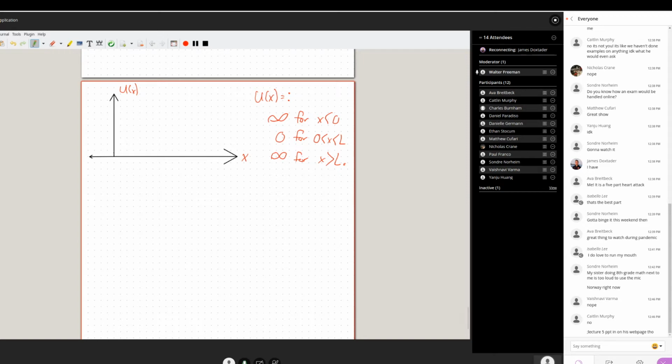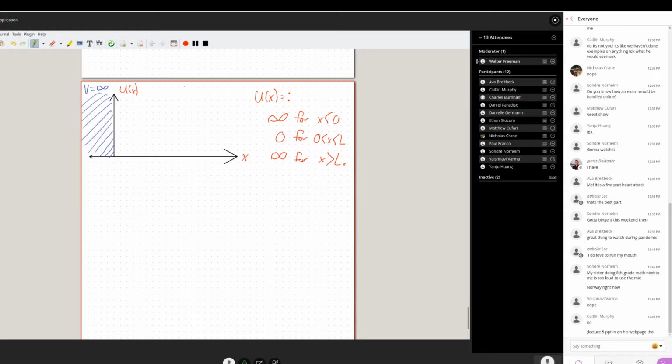So we're going to exclude this region from our particle, and we're going to exclude this region over here from our particle. That's L, and confine our particle only to move in that region below.